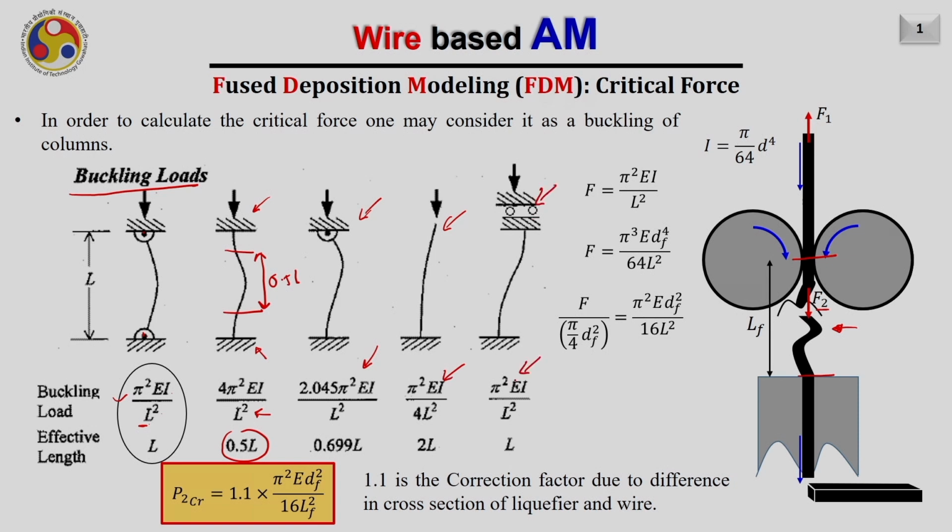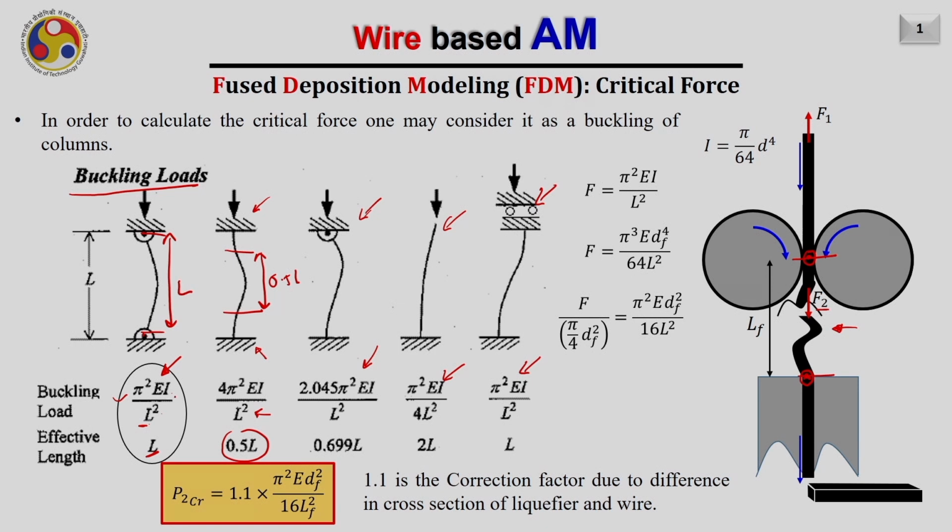Now, in our case, as we have this wire attached with the rollers and it is entering into the liquefier here, we can assume that this is a condition of pin-pin column. So, both the ends we can consider as pin joints. Then the critical value of the buckling load will be given by the formula pi square EI by L square, where the effective length is also L, meaning from here to here the entire length is the effective length.